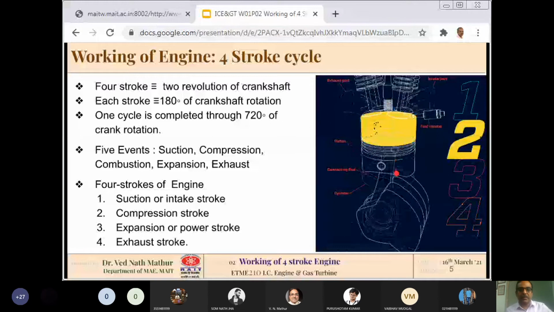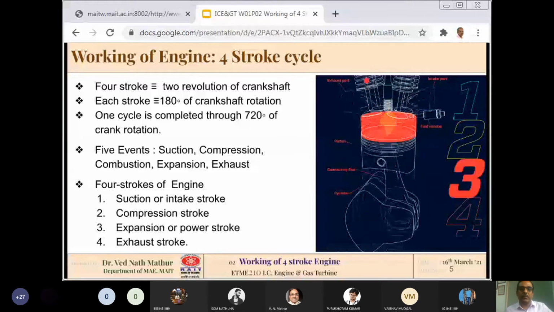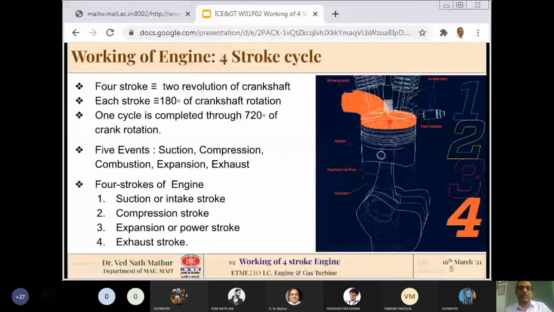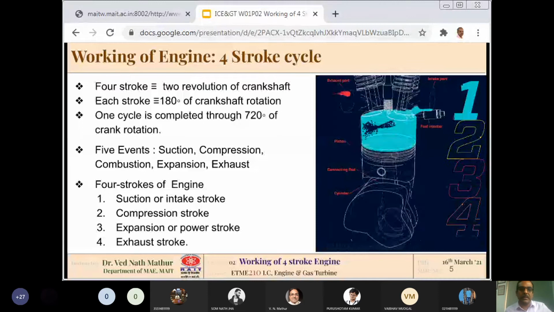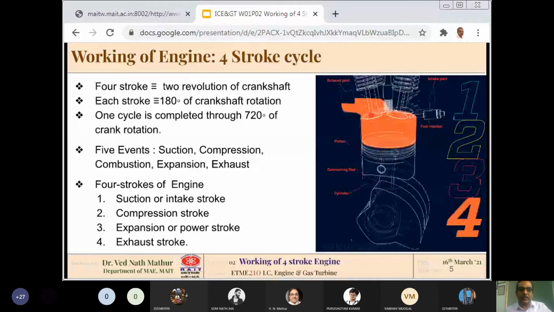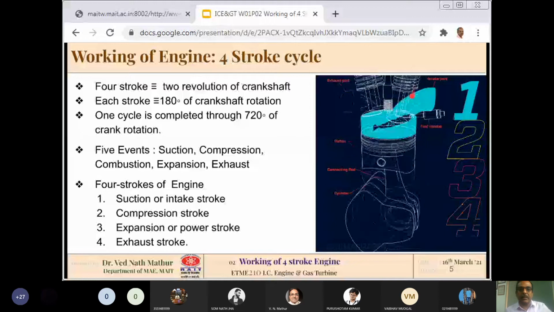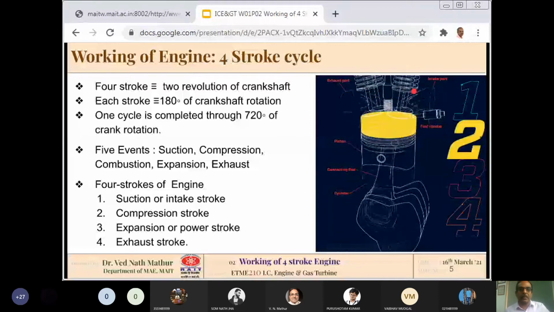And when the piston moves to bottom dead center position, the exhaust valve opens up again, and during its movement from bottom dead center to top dead center, it pushes the burned gases through the exhaust manifold. So the movement of the inlet valve and exhaust valve is governed by a separate mechanism.